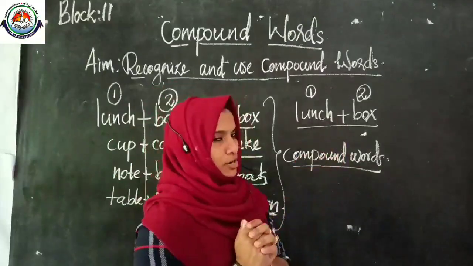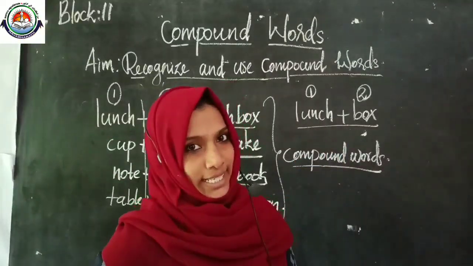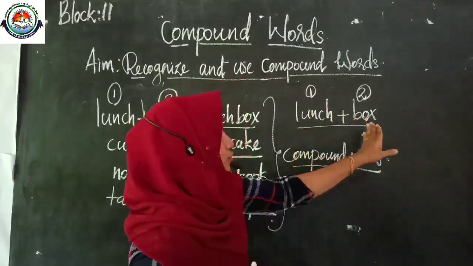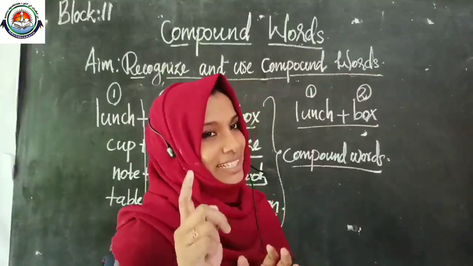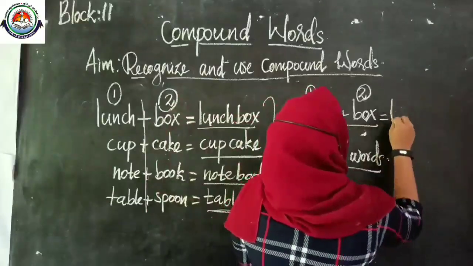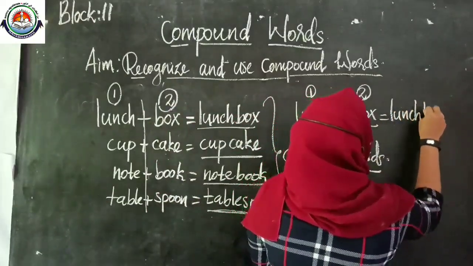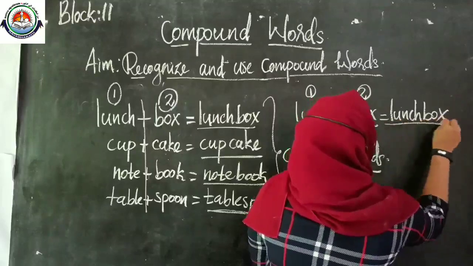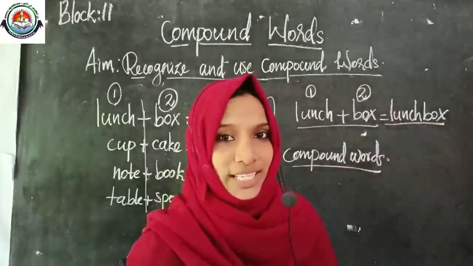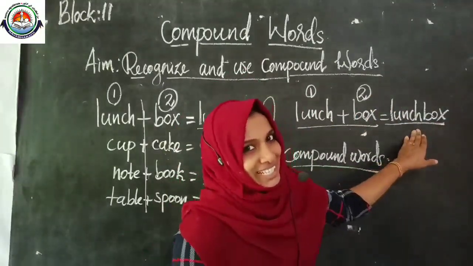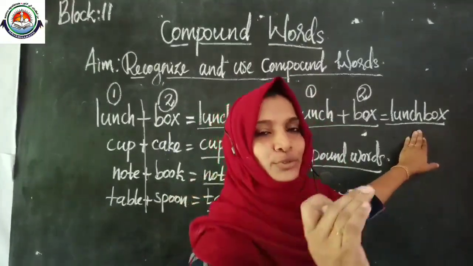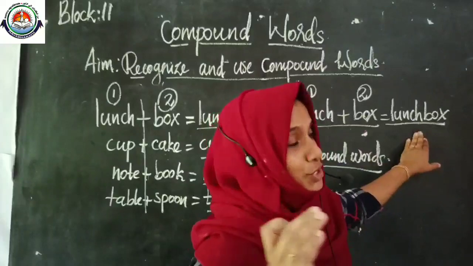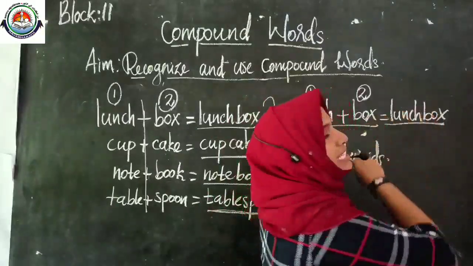Then what about box? It is a container. When we add these two words, we get a new word. What is that? Yes, very good, it is lunchbox. What is the meaning of lunchbox? It is the container in which the lunch is kept.